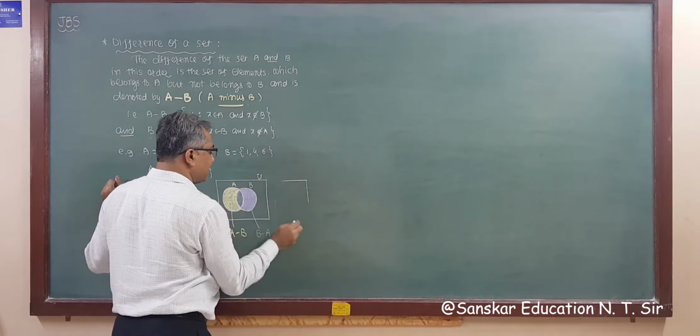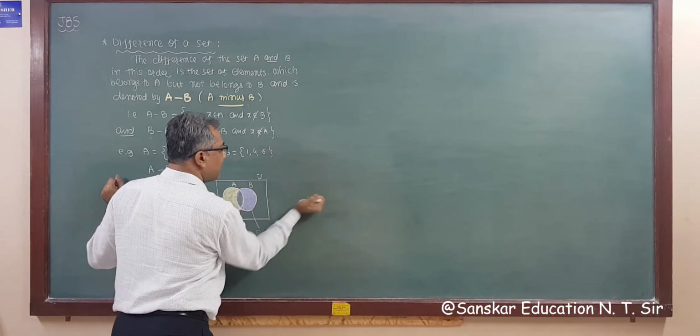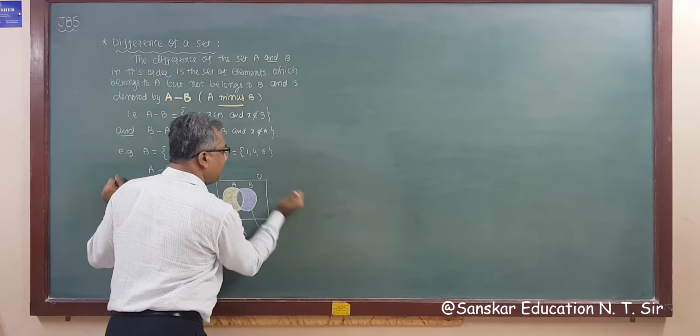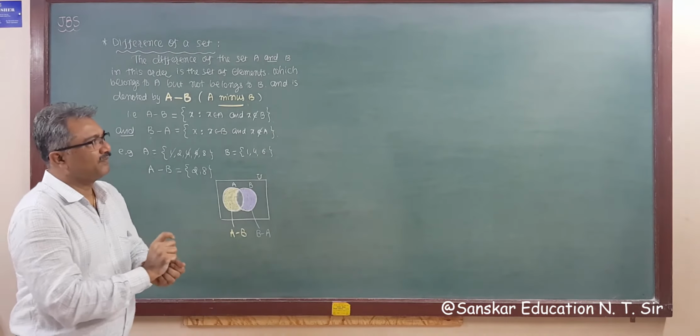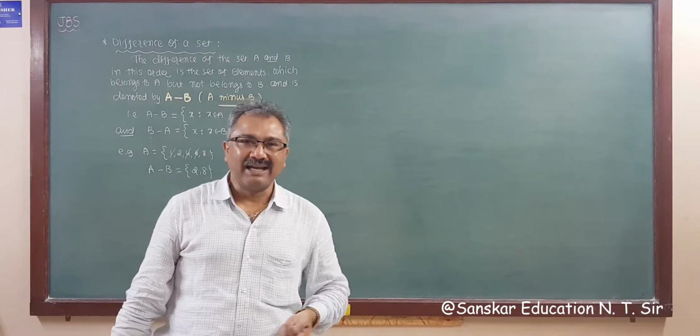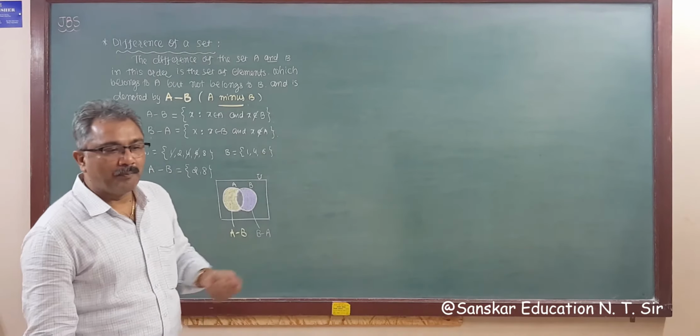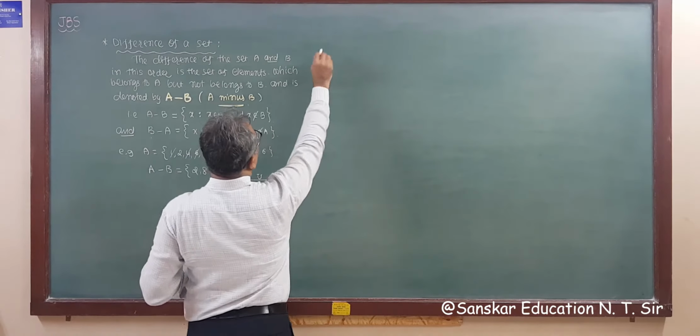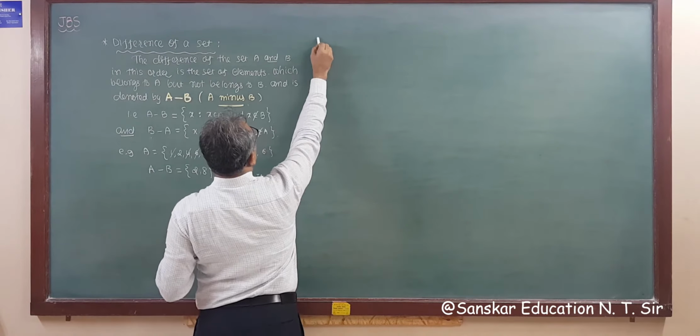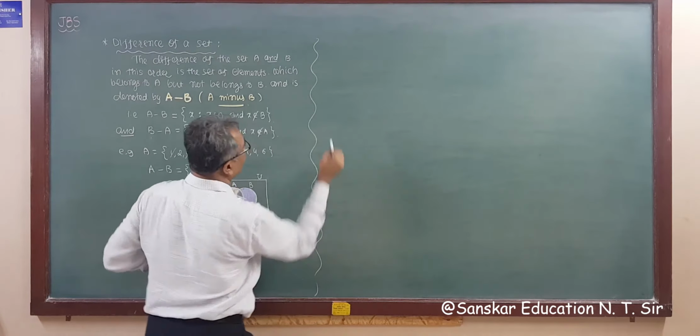Now you have one definition that you learned in lower standard, that is in standard 8 and 9. That is the complement of a set, right? So I am writing here complement of a set.